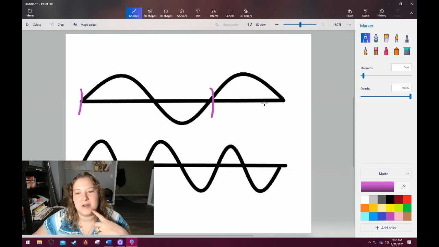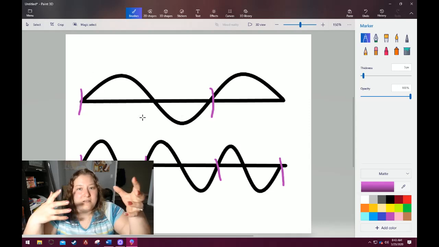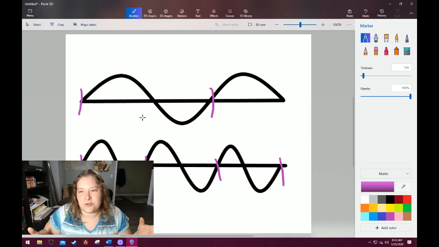Same amplitude of wave, only there are now 1, 2, 3 total waves in the same distance. So in the same amount of time or same amount of distance, depending on what you're measuring, is the amount of frequency of the wave. It's how often it hits whatever it is that you're measuring.